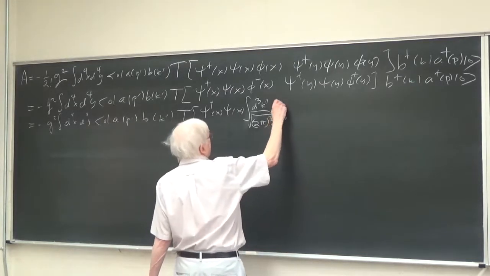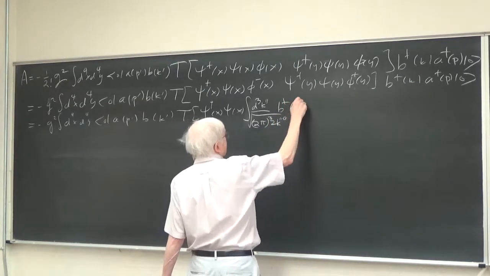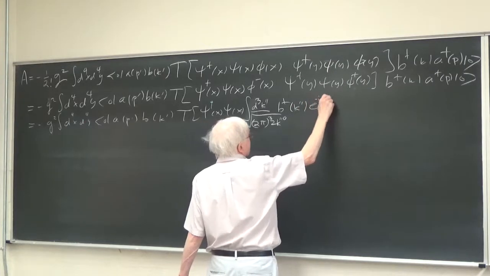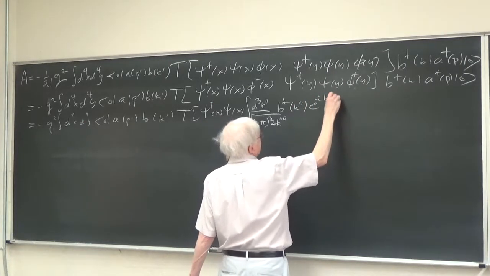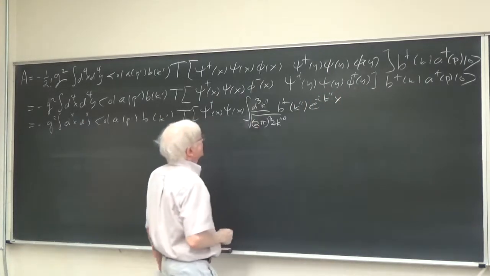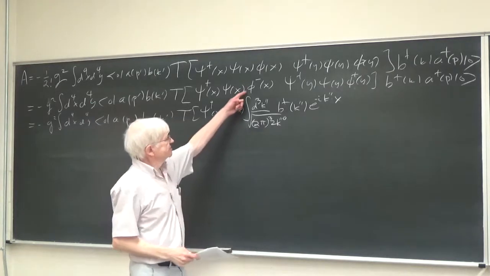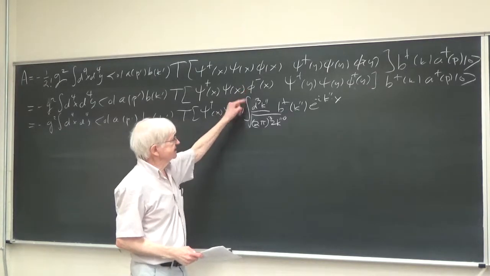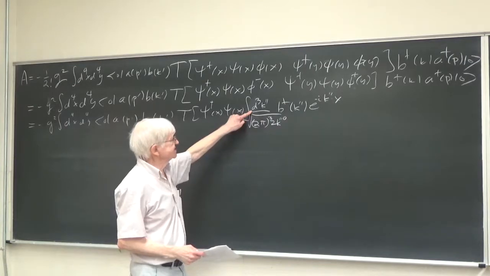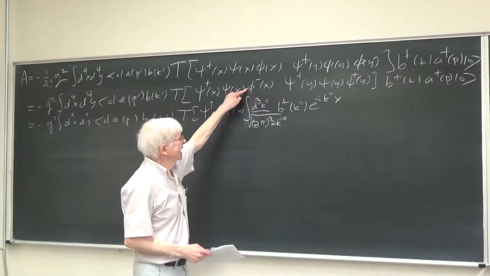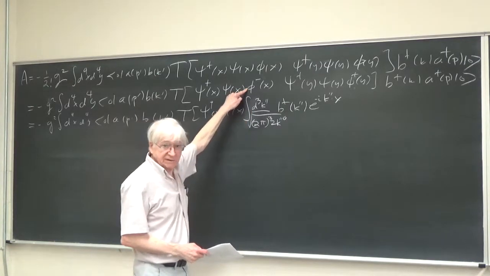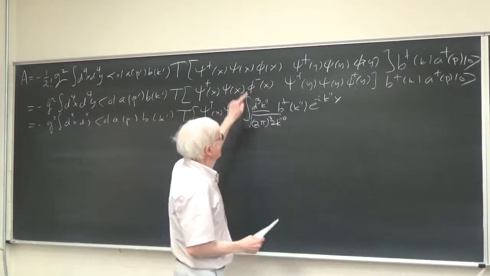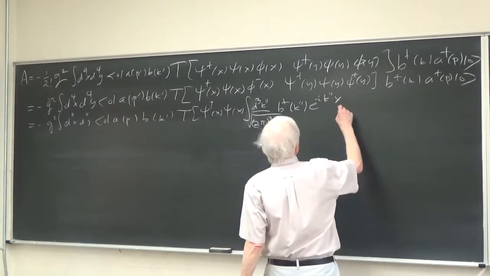This will be b dagger k double prime e to the minus i k double prime dot x. So there I've just taken phi minus at x, right? I think that's right. And it's inside the time-ordered product.